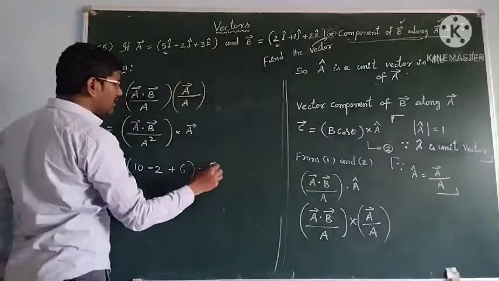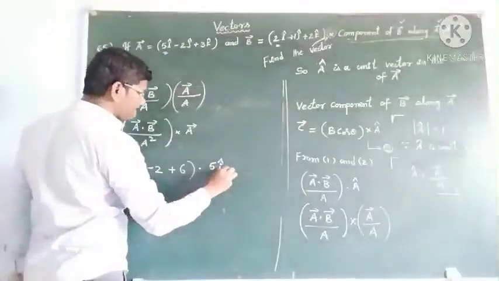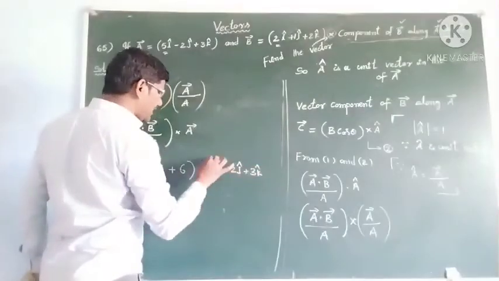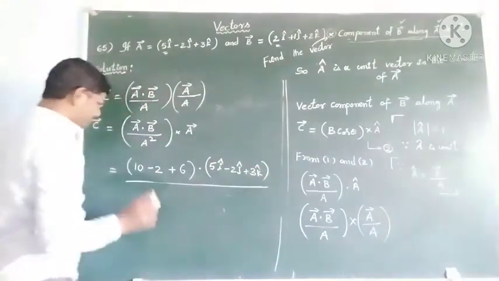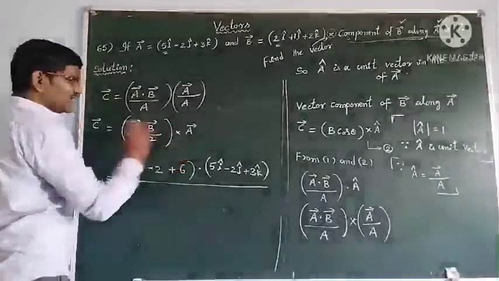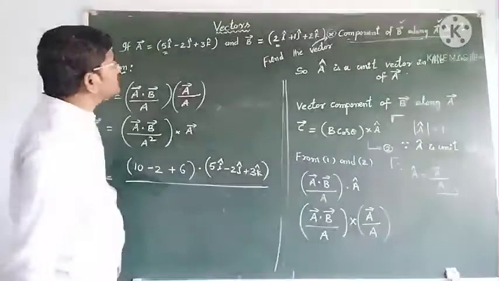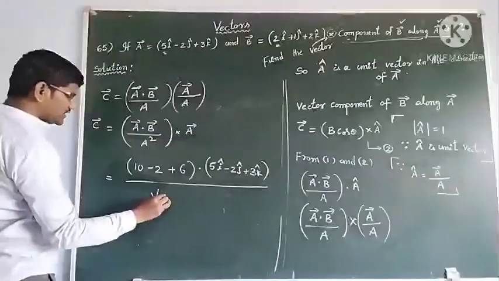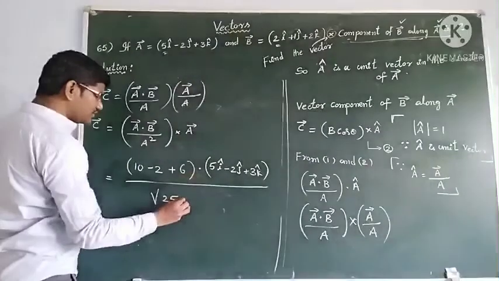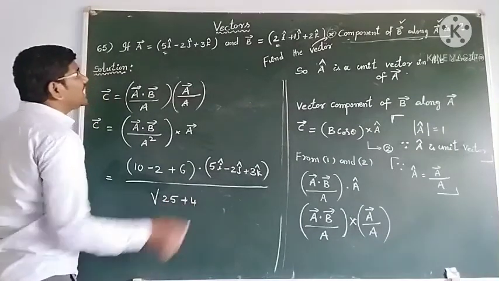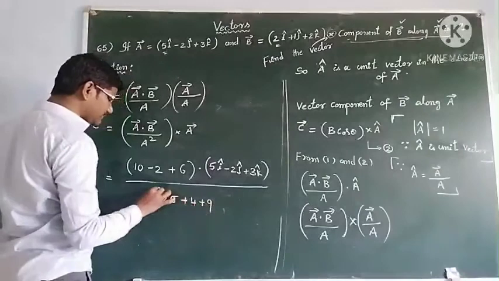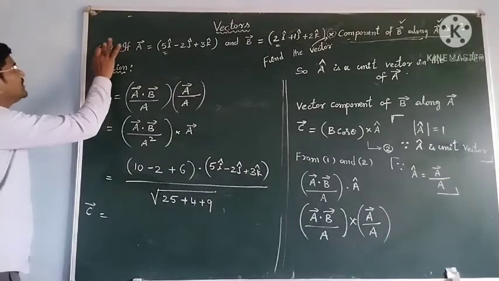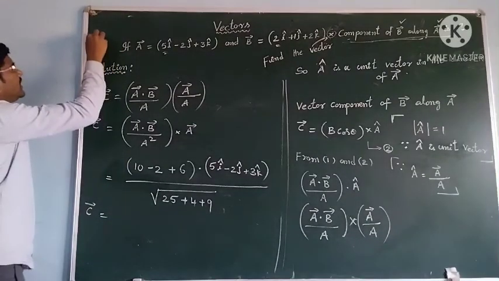A bar is 5 I cap minus 2 j cap plus 3 k cap, by A square, the magnitude of A. I cap coefficient 5 square 25, j cap coefficient minus 2 square 4, and k cap coefficient 3 square 9.